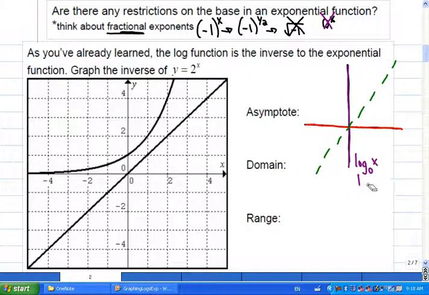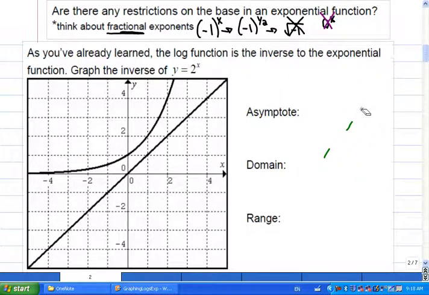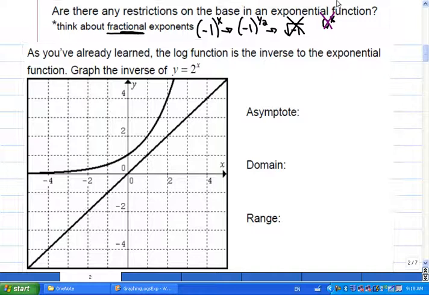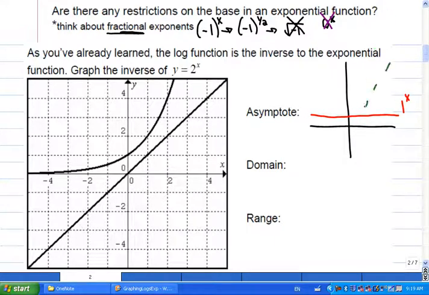Similarly, we would also have the same problem if we were trying to talk about another graph. So this graph here, one to the x, will have the same problem happen. So here would be the inverse.